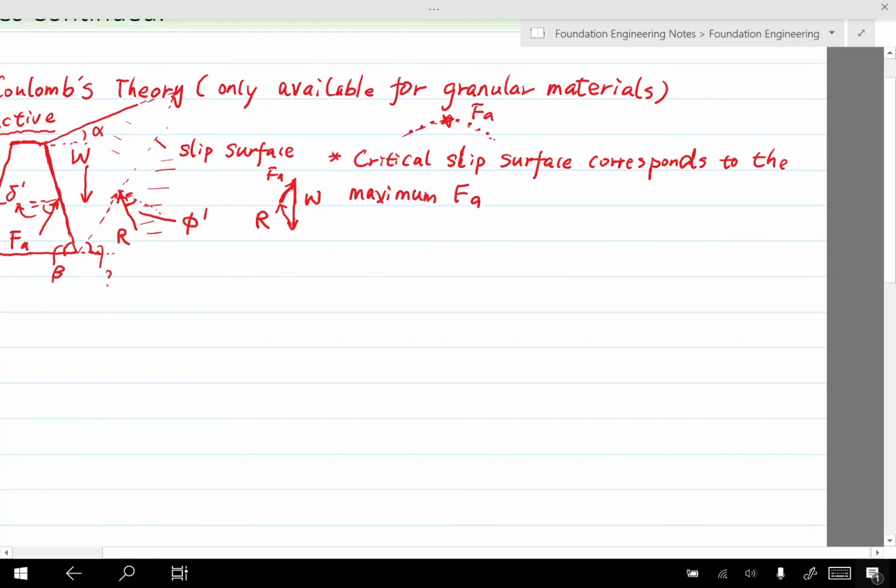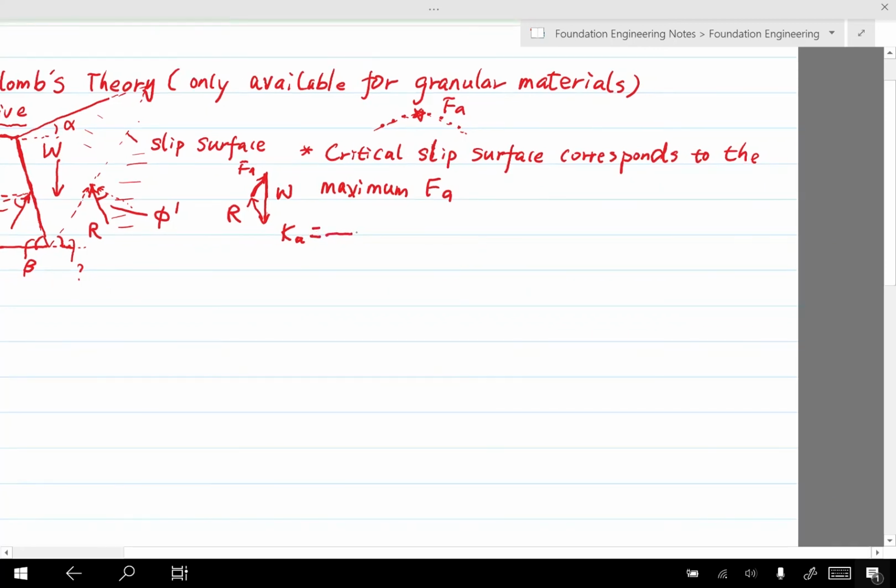And people have already derived the equation for calculating the maximum FA. Accordingly, K sub A can be calculated using this equation. So we don't need to know how to derive that, but we need to know there's the equation and know how to use this equation.